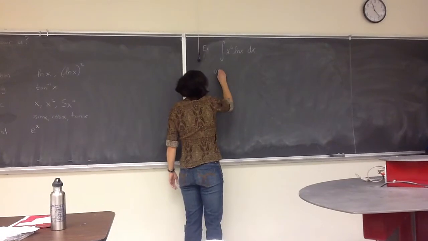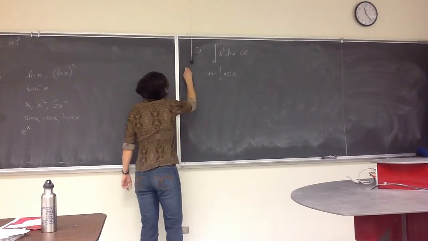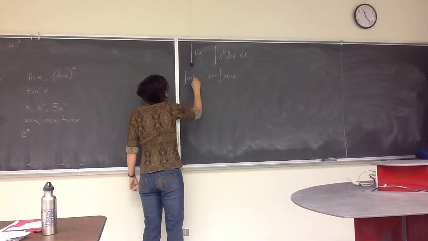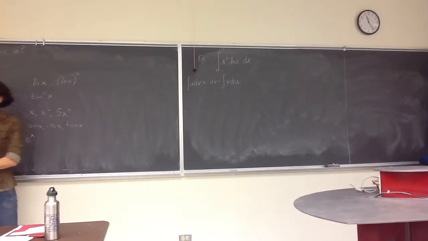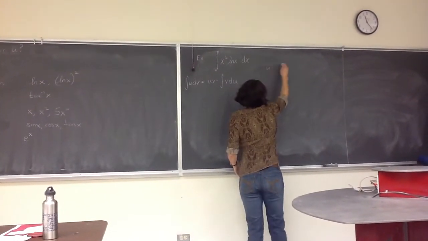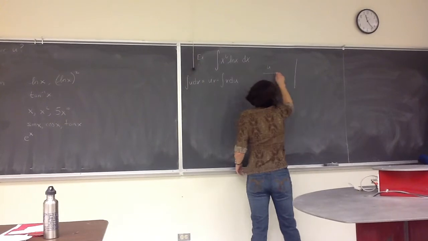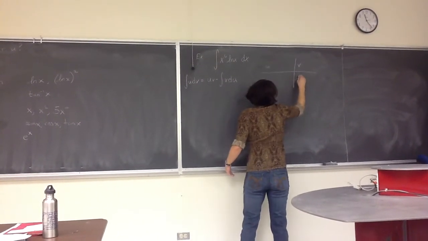My formula is uv minus the integral of v du. So the integral of u dv is equal to uv minus the integral of v du. So the idea is that we want to choose our u. So I'm going to make my table. I have u and v in my first row and du and dv in my second row.